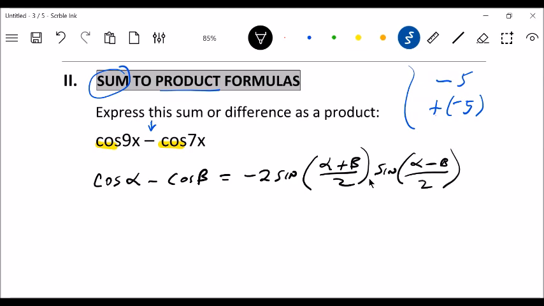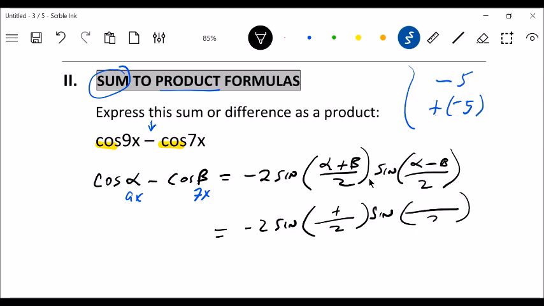And now we can put the things in, since that's 9x and that's 7x. Now I can rewrite it and put those two things in there. So alpha is 9x, beta is 7x.